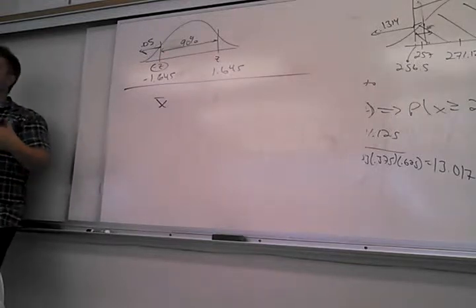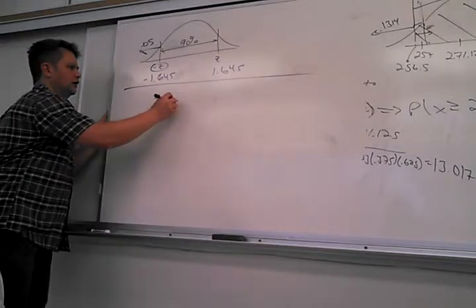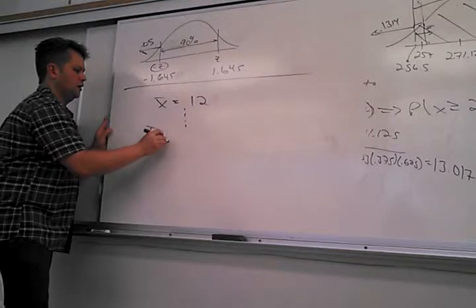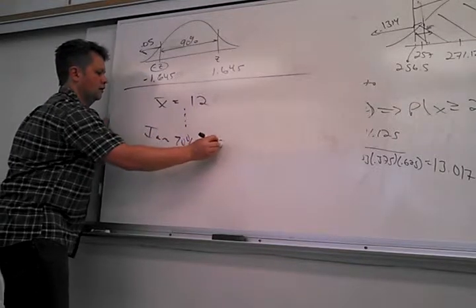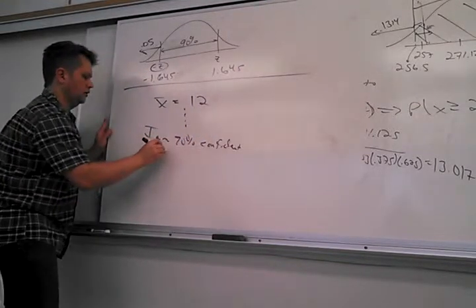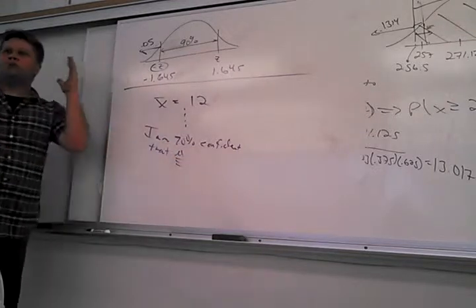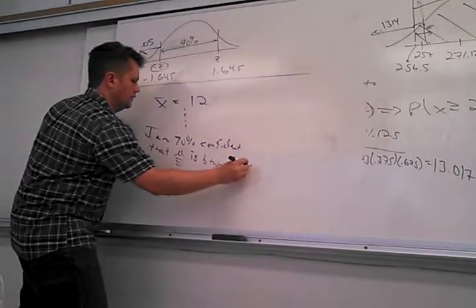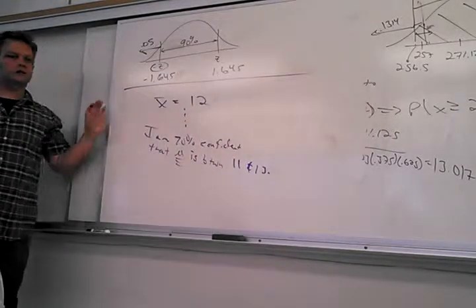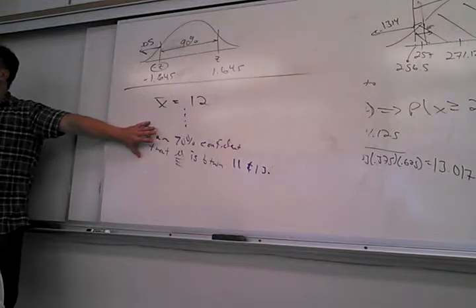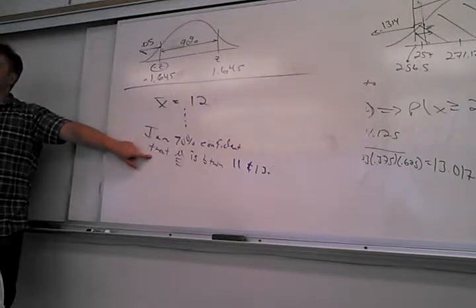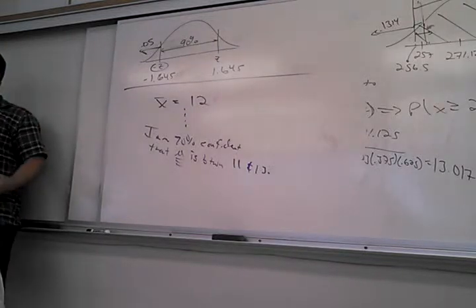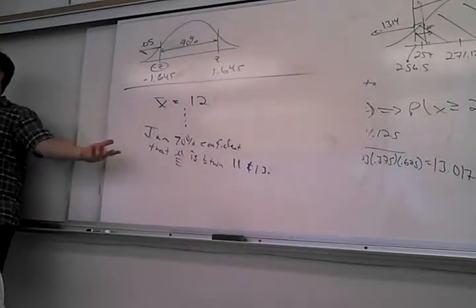Well, now we're finally to the point where we can say, if I get a mean of 12, I am 90% confident that the real population mean, that mu, is between 11 and 13, maybe. That's a possible outcome of Chapter 7. That's pretty powerful. I'm 90% sure that it's between 11 and 13. So what's the chance I'm wrong? 10% chance that it's not between 11 and 13.